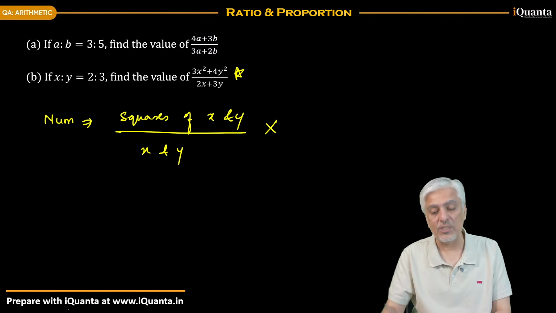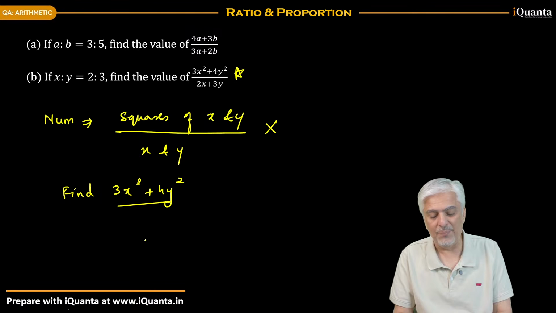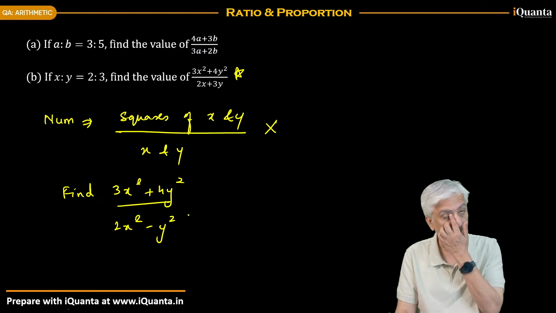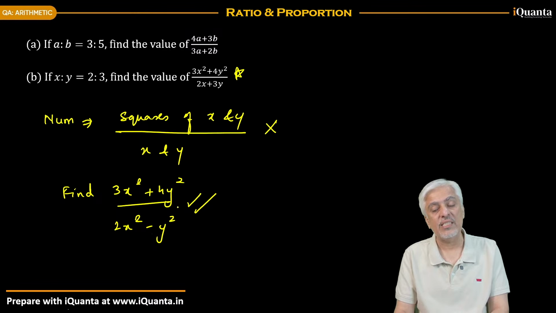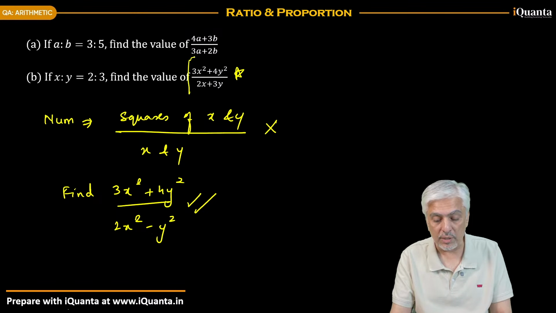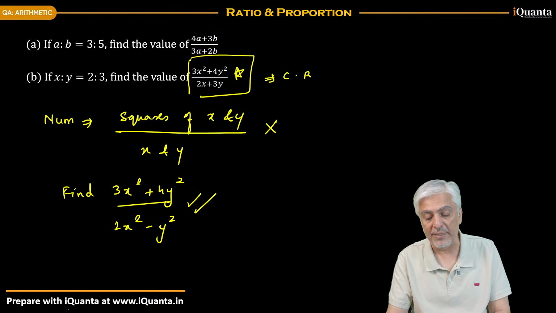Yes, if the question asked was this, find (3x² + 4y²) upon (2x² − y²), if they had asked only this much, then it will still work, because numerator also square, denominator also square. But here it will not work. And you should understand very importantly, the answer for this will be cannot be determined.